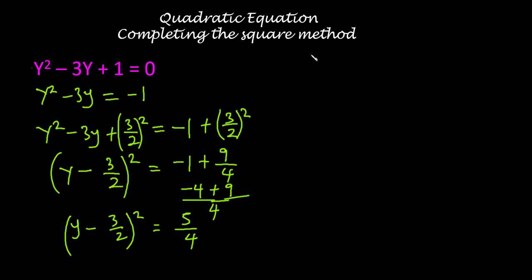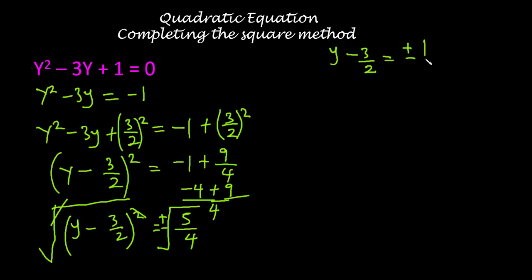Now what we do here is we look for the square root of both sides. This square cancels this square root, and so this is plus or minus. So y minus 3 over 2 is equal to plus or minus square root of 5 over 2, because the square root of 4 is 2.